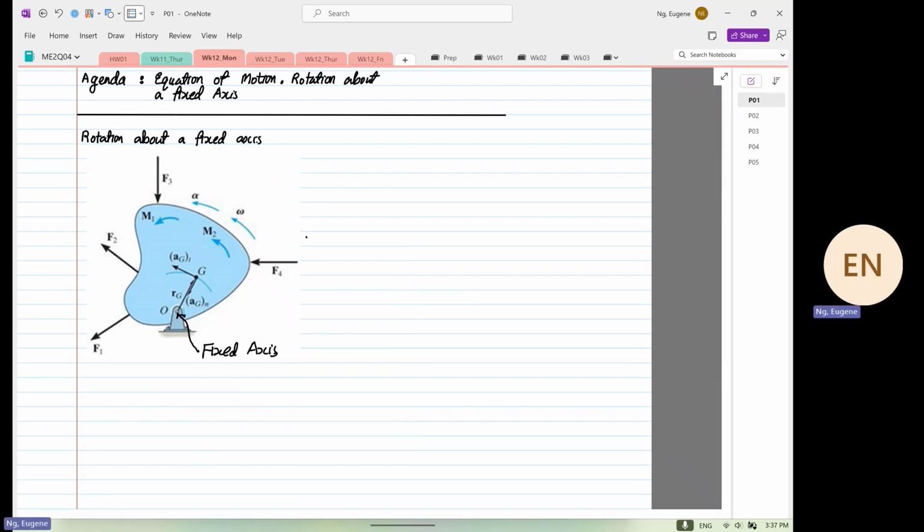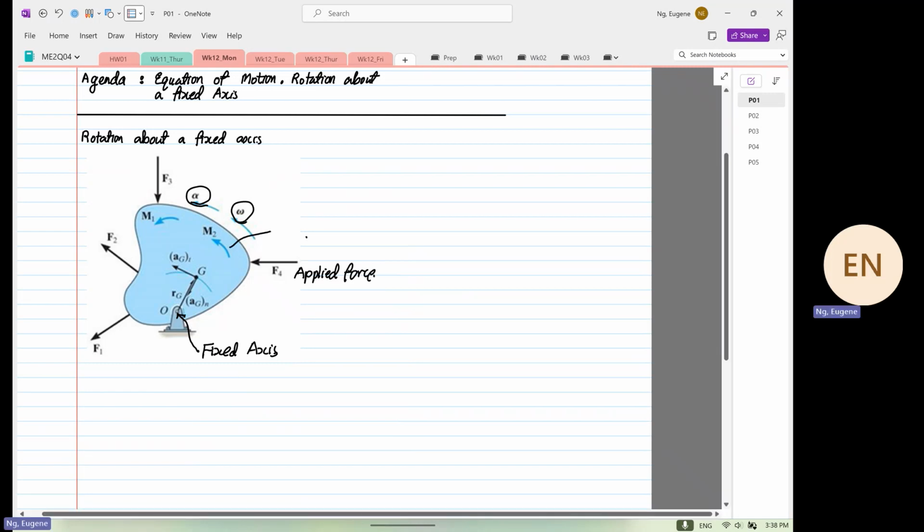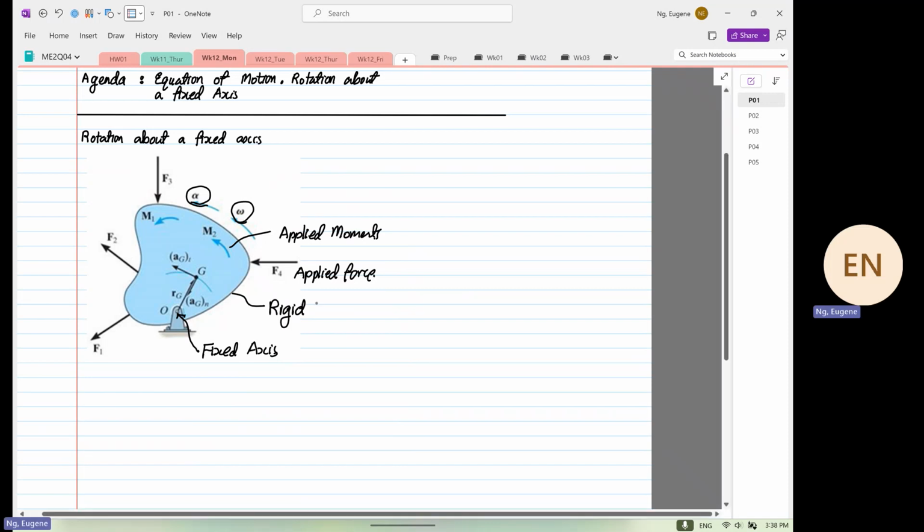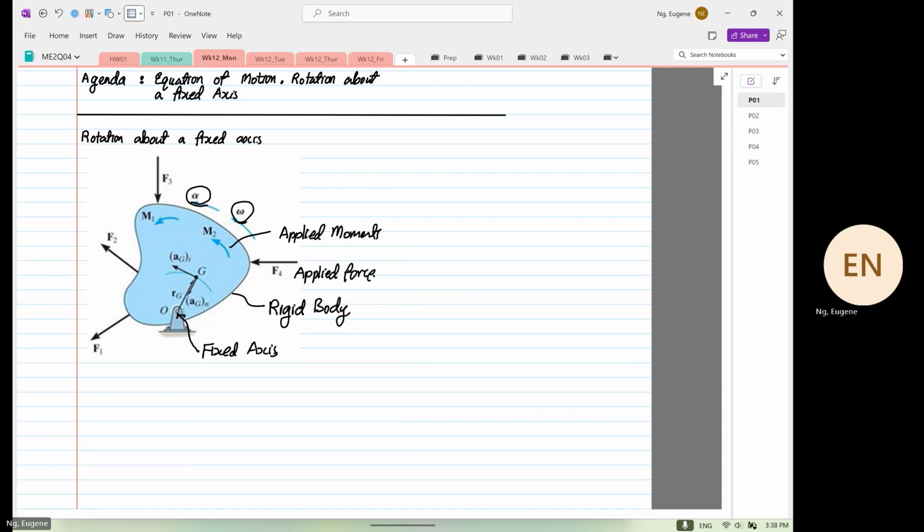We have both omega and alpha, and all the F's are the applied forces. And over here are the applied moments. What you see here is a term we call a rigid body.